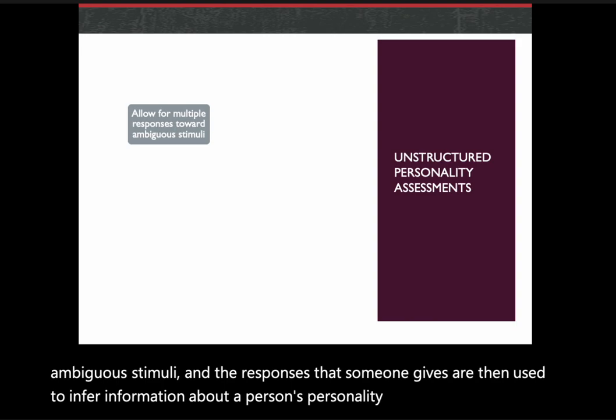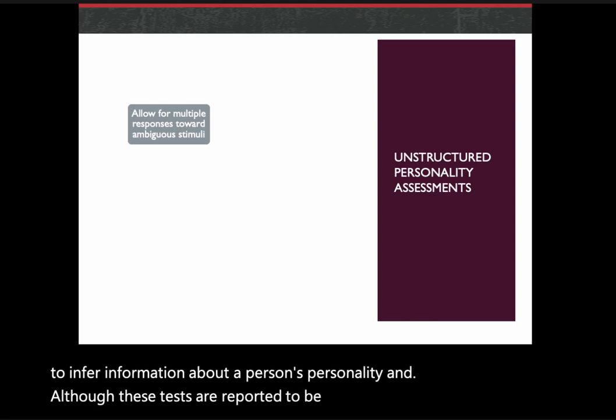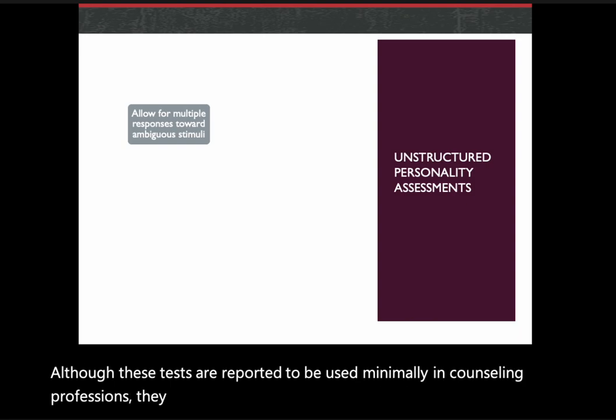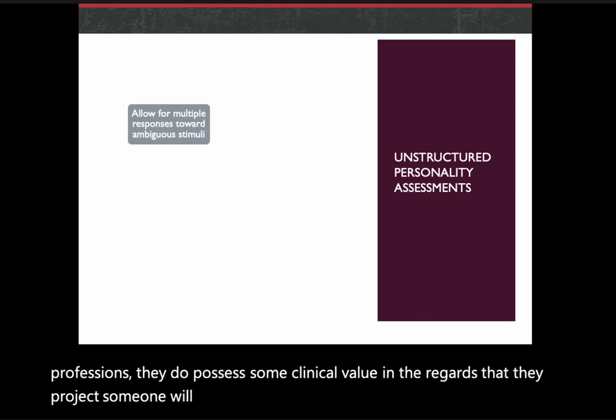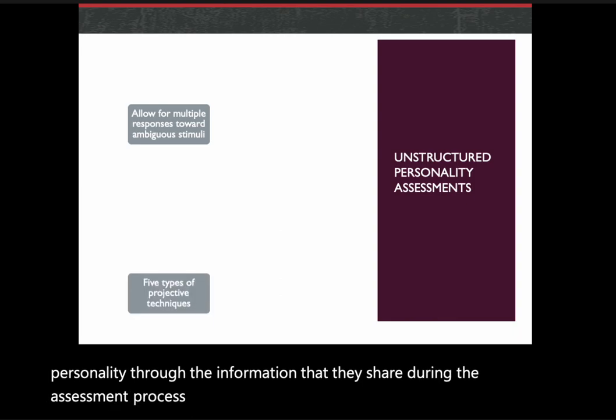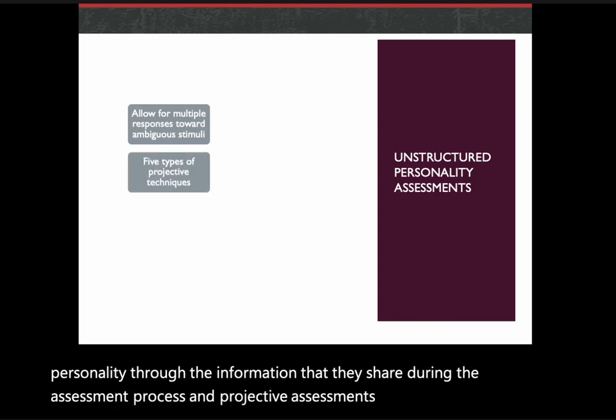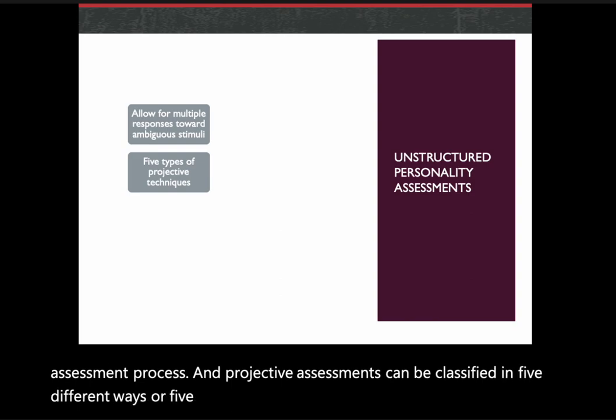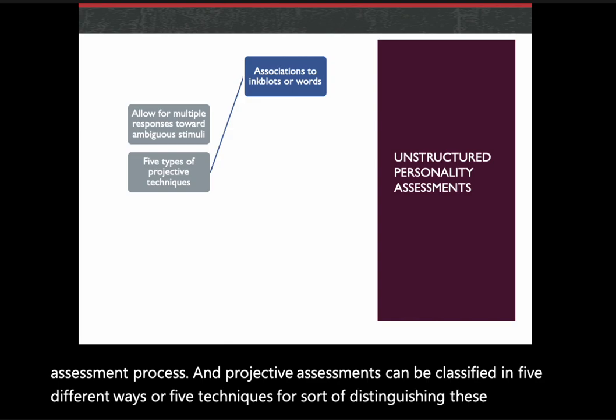Although these tests are reported to be used minimally in counseling professions, they do possess some clinical value in that someone will project their personality through the information that they share during the assessment process. Projective assessments can be classified in 5 different ways, or 5 techniques for distinguishing these assessments from one another.